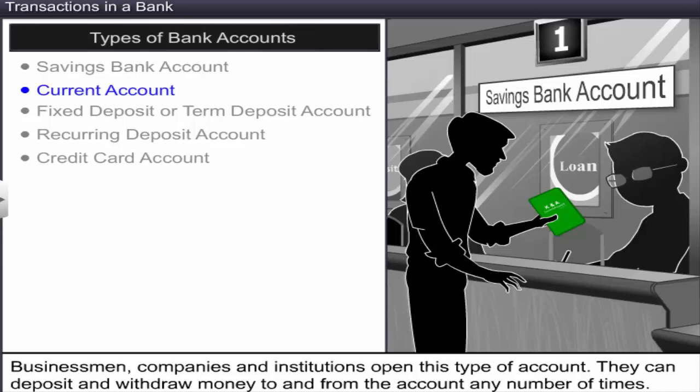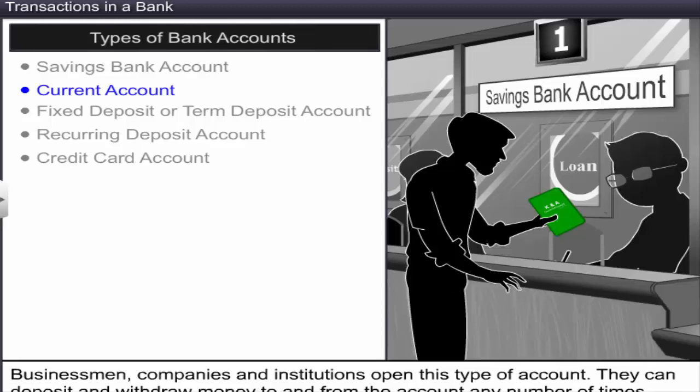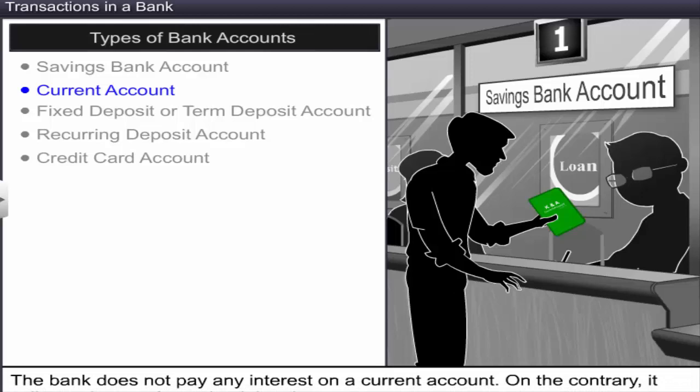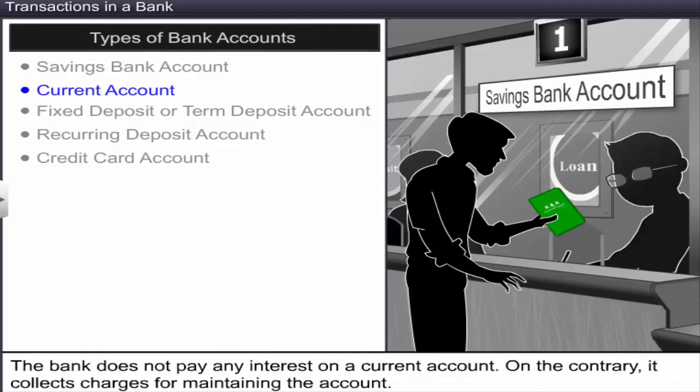They can deposit and withdraw money to and from the account any number of times. The bank does not pay any interest on a current account. On the contrary, it collects charges for maintaining the account.